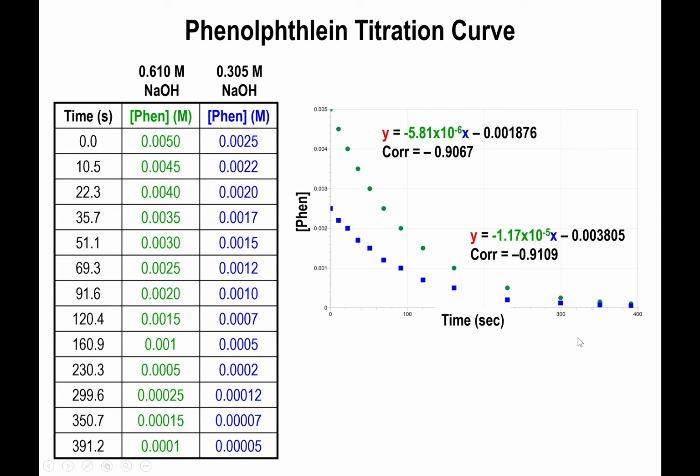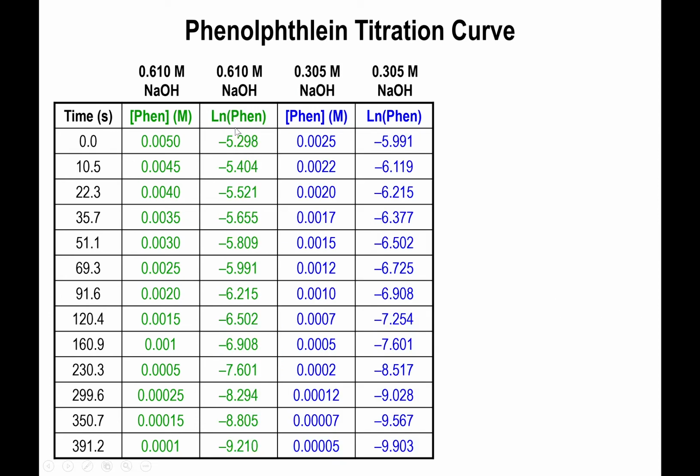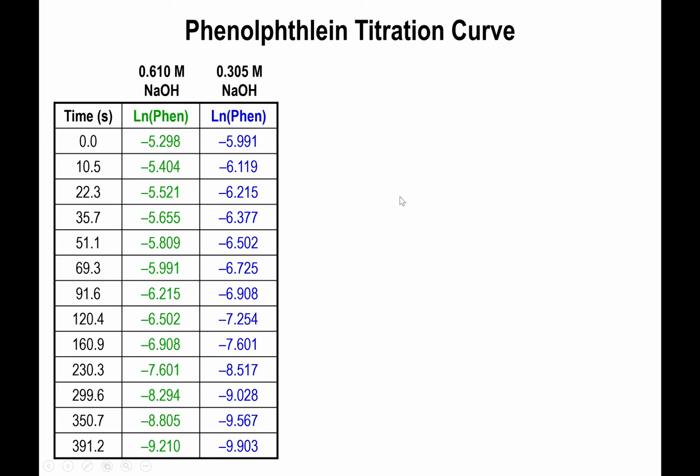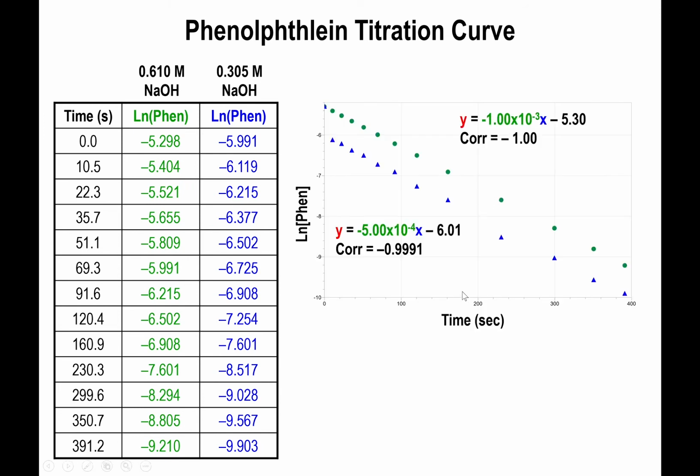So then you move on to taking the natural log of the concentrations for run 1 and run 2. And if you plot the natural log of the concentration versus time, in this particular example, you see that there is now a very linear correlation, right? One of them is exactly linear. The other one is very, very close to being perfectly linear.